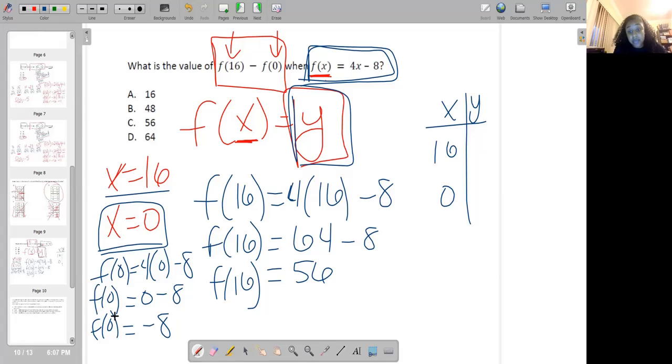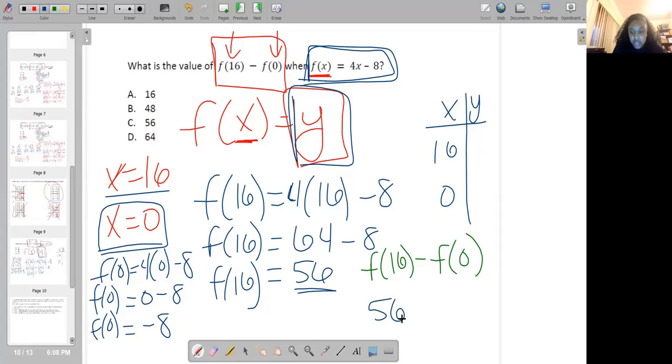We're still not done. We now know what f of 16 is, and we now know what f of 0 is. So if we go back to the original problem, we had to take f of 16, whatever that y value is, and subtract the y value of f of 0 from it. So f of 16 is going to be 56, which we got here.